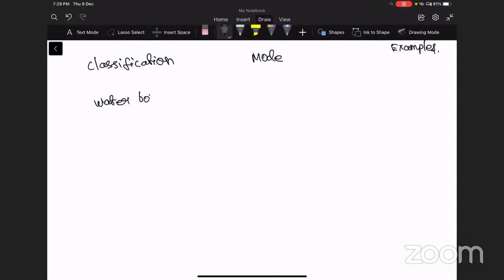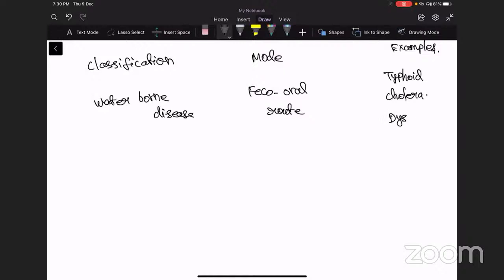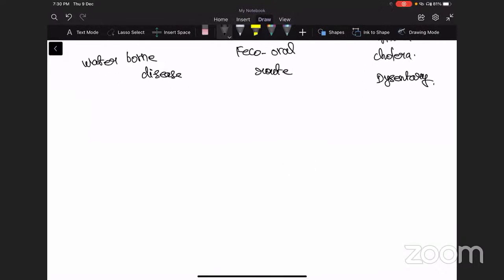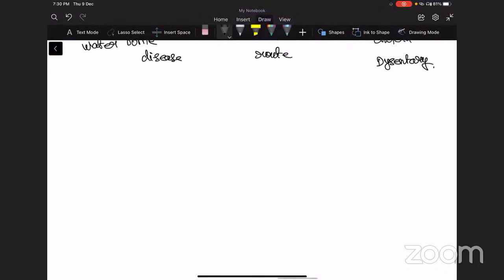Waterborne diseases are spread via the fecal-oral route. Examples: typhoid, cholera, dysentery, viral hepatitis A.